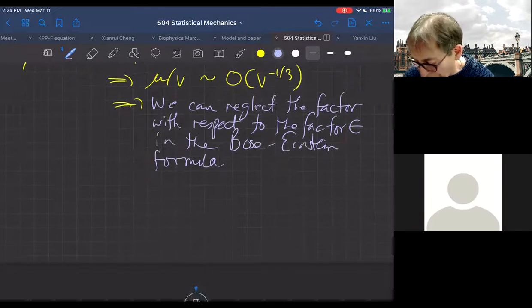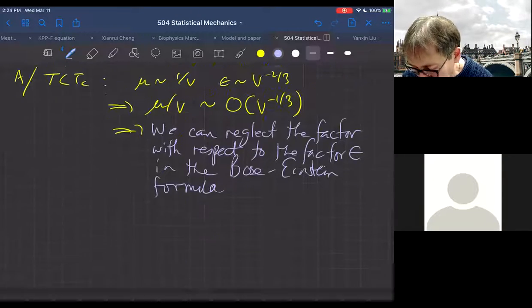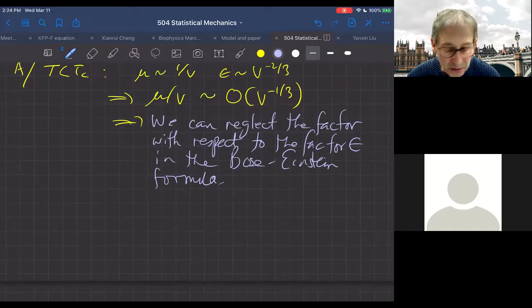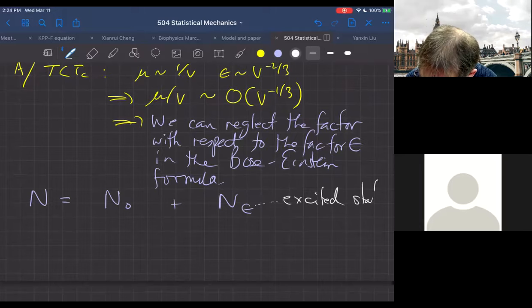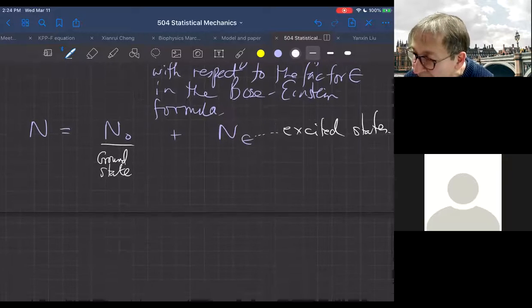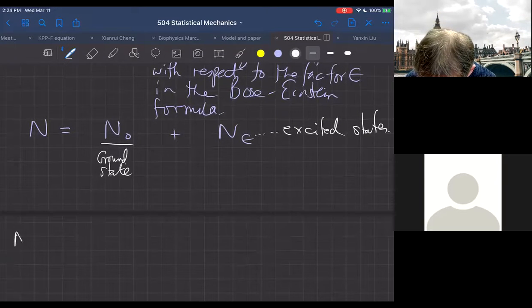Of course, the difficulty when you're computing in the grand partition function is always taking into account the chemical potential. But with respect to the Bose-Einstein formula, if we write that N is equal to N_0 plus N_epsilon, where epsilon here means excited states, then N_0 is the contribution from the ground state, and N_epsilon is just the following.